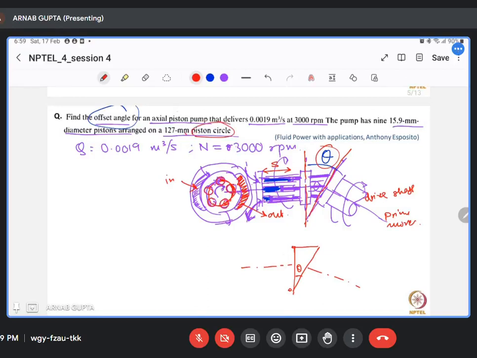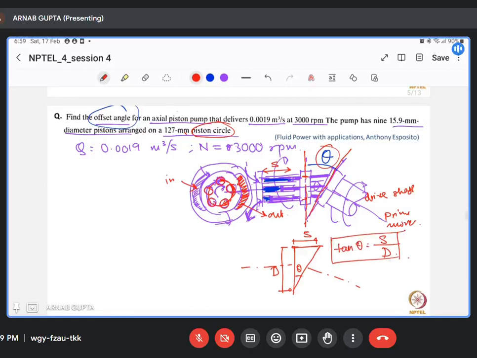If I denote it by D, then S is this distance in this triangle, the stroke of the piston. So you can see that tan theta is nothing but S upon D. We will be using this equation.